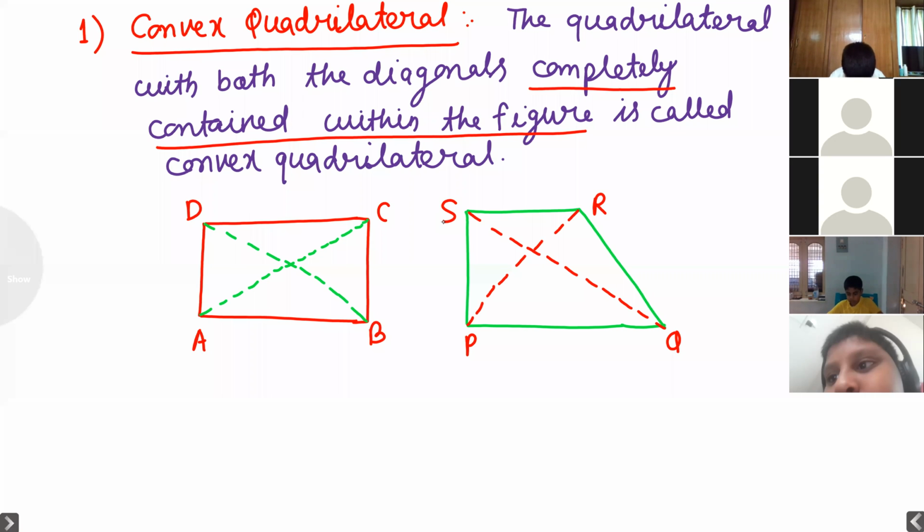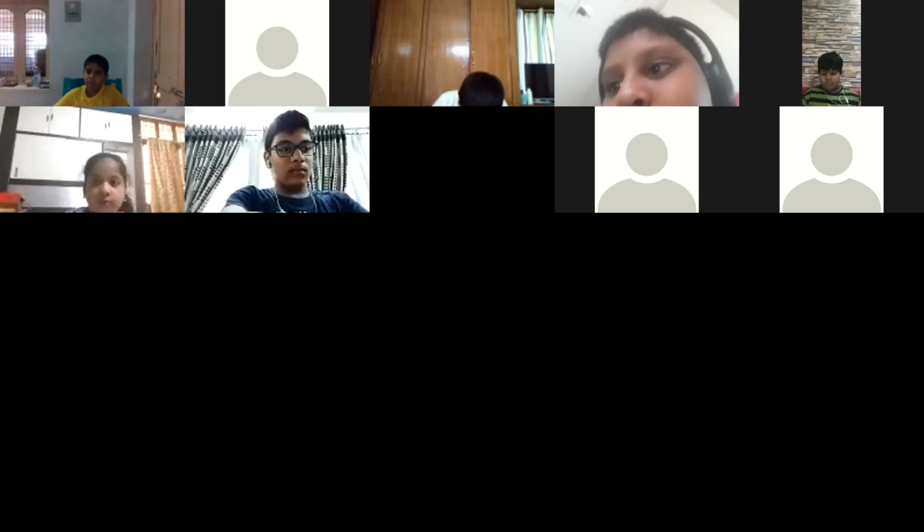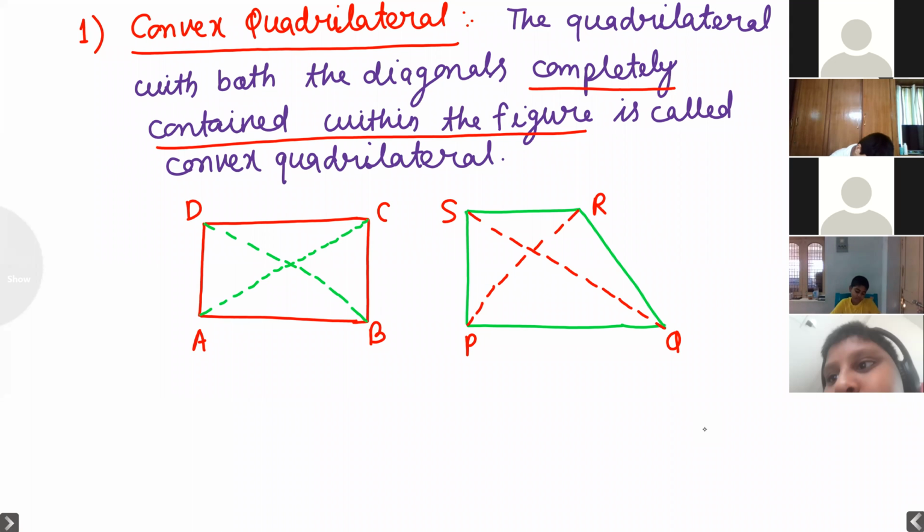What is a convex quadrilateral? If both the diagonals will lie inside, if both the diagonals are completely contained within the figure, that is called a convex quadrilateral.